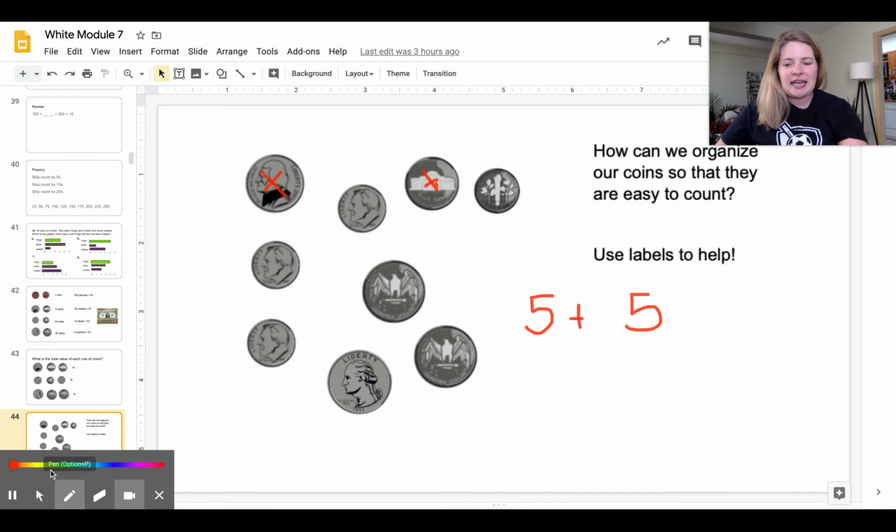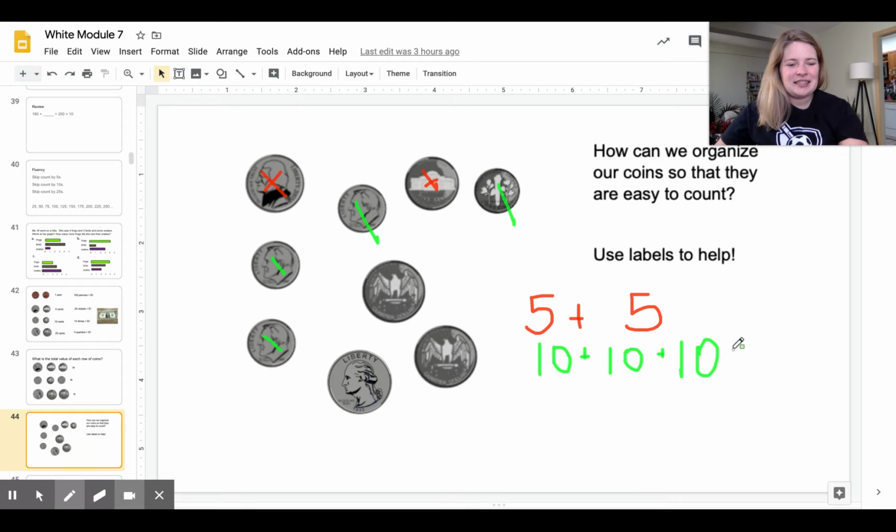Now I want to put the dimes together. I'll do green for the dimes. 1 dime, 2 dimes, 3 dimes, 4 dimes. So now I would do repeated addition. 10 plus 10 plus 10 plus 10.